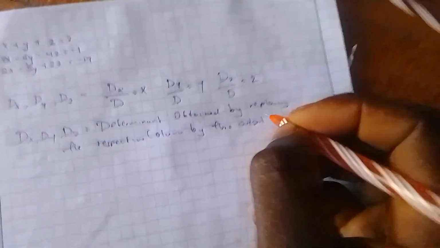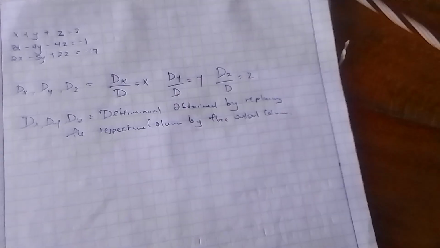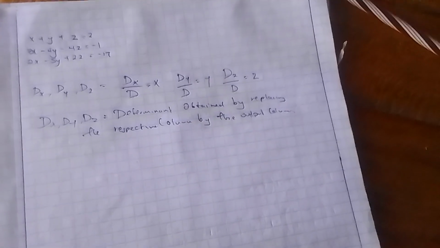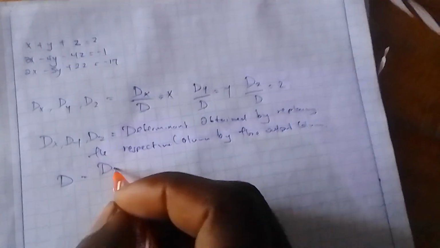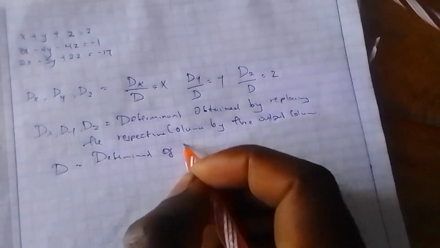So the determinants are obtained by replacing the respective column by the output column. I will show you what that statement means. Then D is the determinant of the matrix.